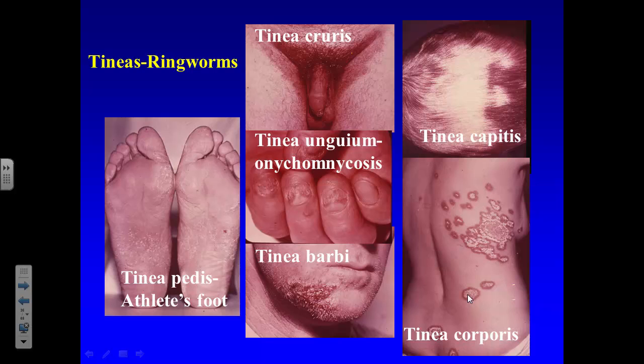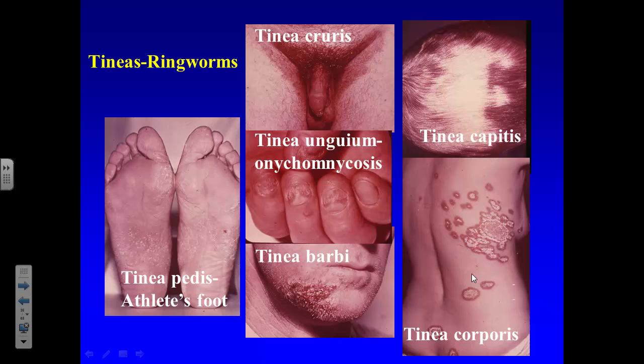So they mistakenly called them tineas, which when you hear your parasitology lecture, you'll also hear about tenias, which are also worms. These had thin filaments, tineas as opposed to tenias, and you'll get that when you learn about parasites.